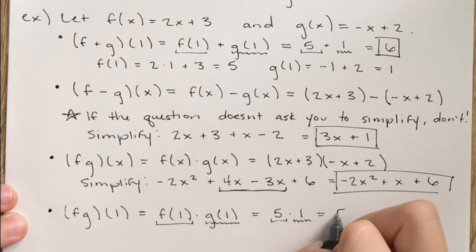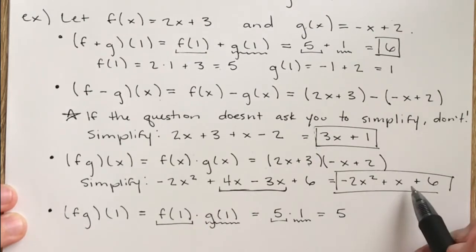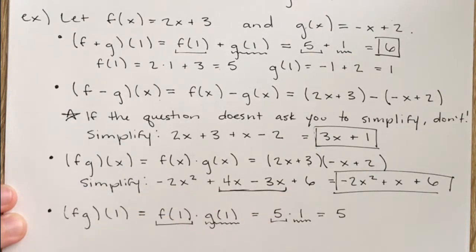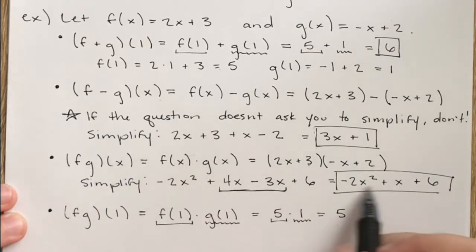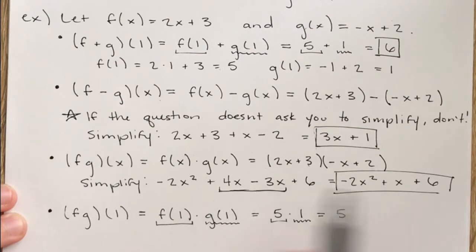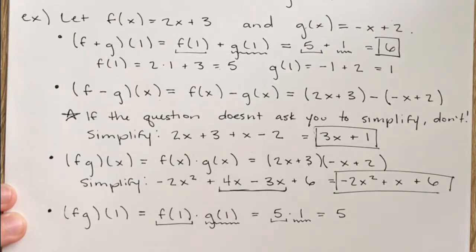which is just 5. So how does this tie in with what we just found, f times g of x? Well, if I know that f times g of x is equal to this, then shouldn't f times g of 1 be equal to this with the x's replaced with 1? Let's check it out.